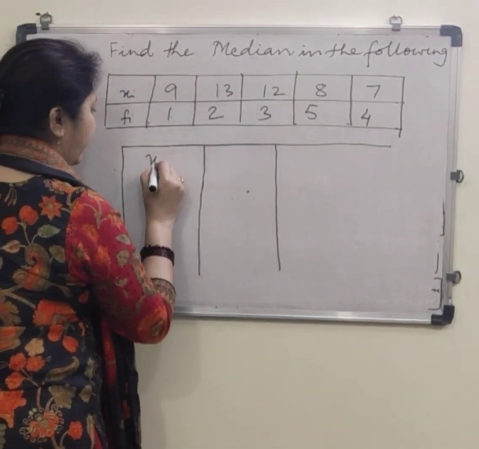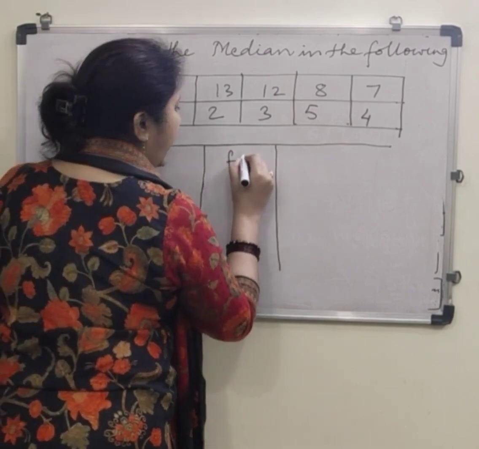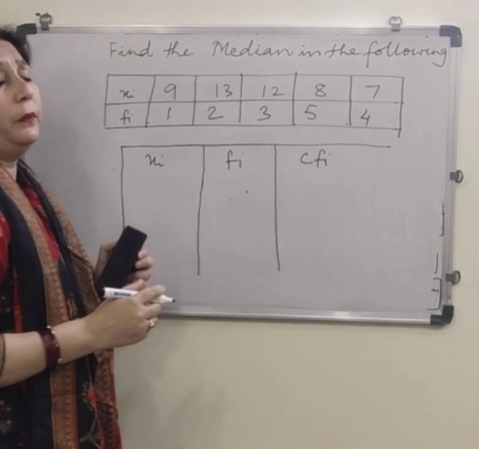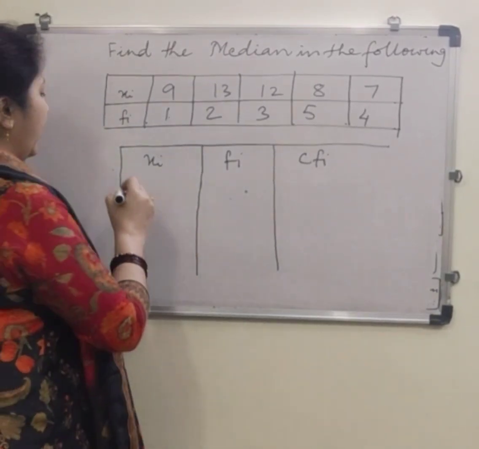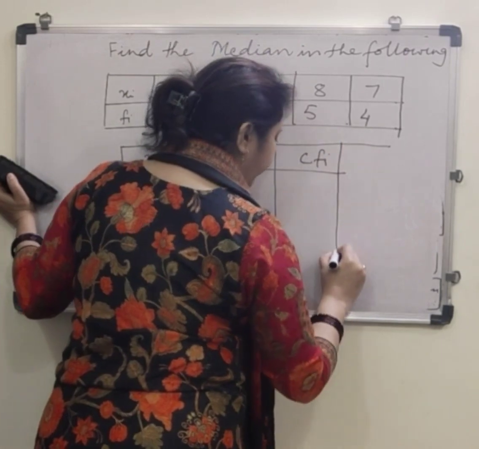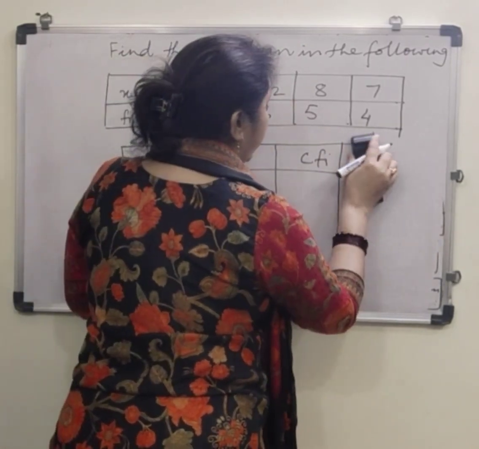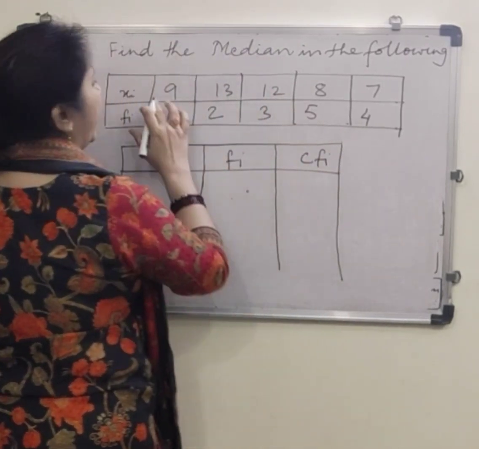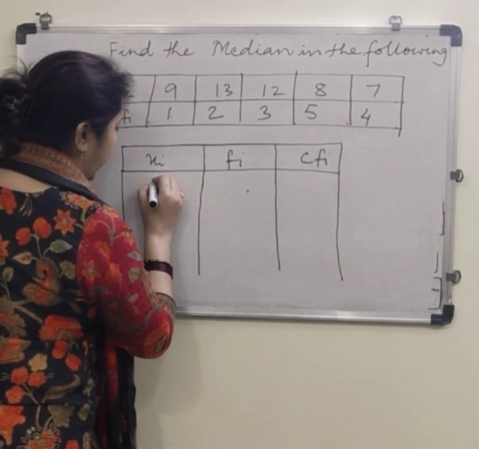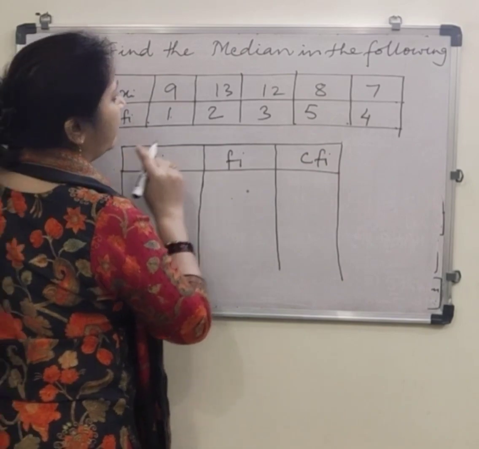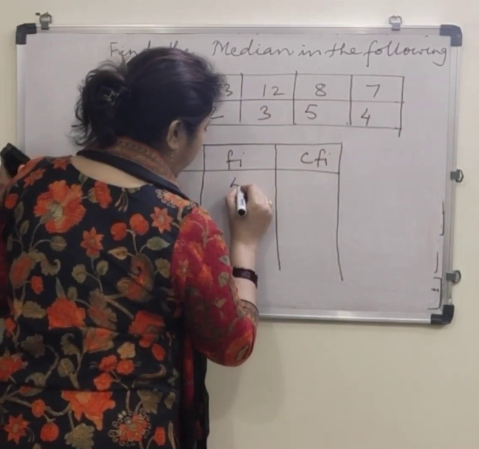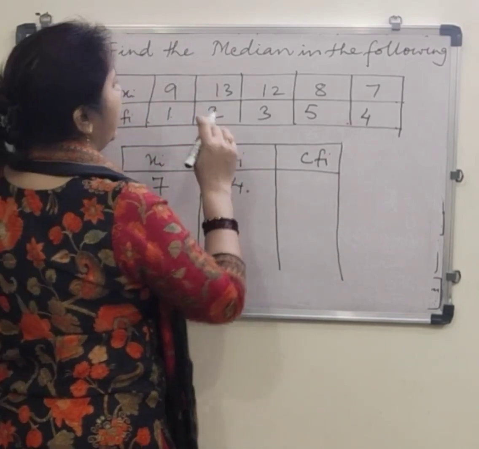This is xi, fi, and now we have cf, cumulative frequency. Children, you can see these xi's are not arranged. So let us arrange. First comes the 7, as it is the smallest value. So its frequency is 4. We write 4 over here.